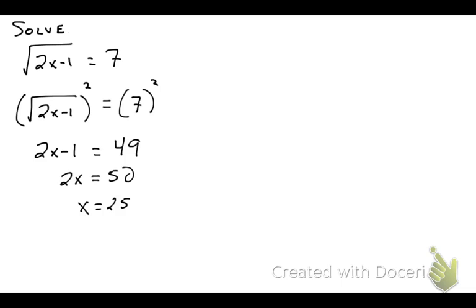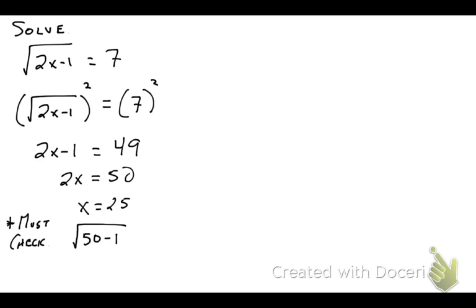Now square root equations, though, are the kinds of equations where you can't assume you're right. You must check. Because many times you'll get a solution that is actually not true, and you won't know it unless you check. So you have to check with square root equations. If we plug 25 in, 25 times 2 is 50.